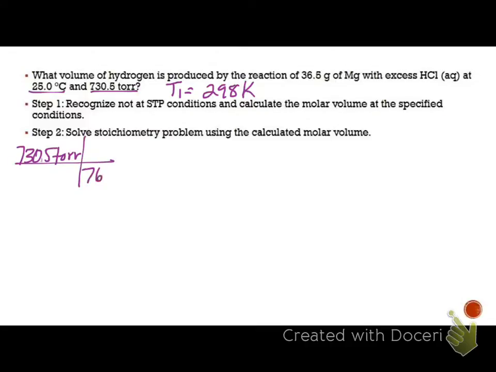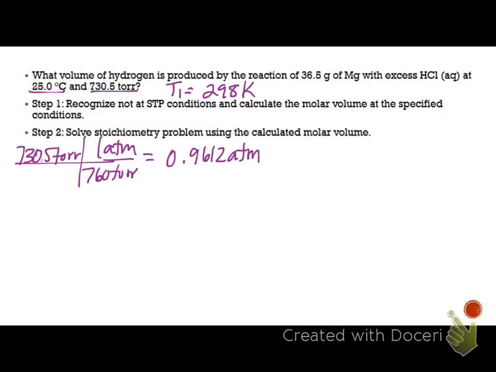The conversion factor is 760 torr per 1 atmosphere. And so we do that conversion, and that is going to be 0.9612 atmosphere, matching our sig figs to the original.